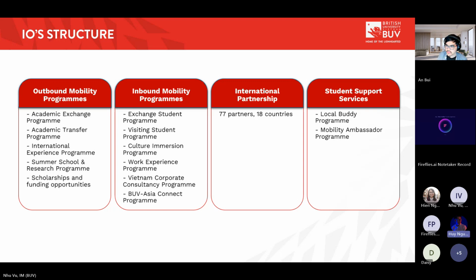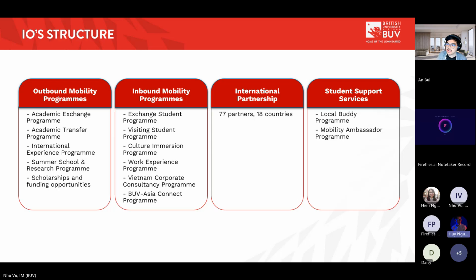Can you share more about what the cultural immersion program is, and what makes it special versus the other programs that you have right now for inbound mobility?